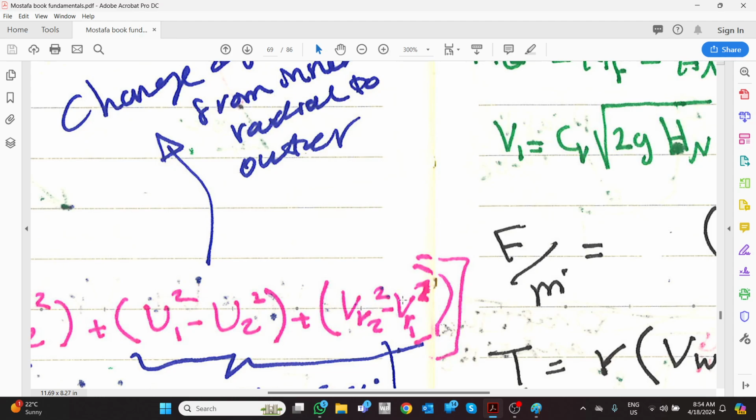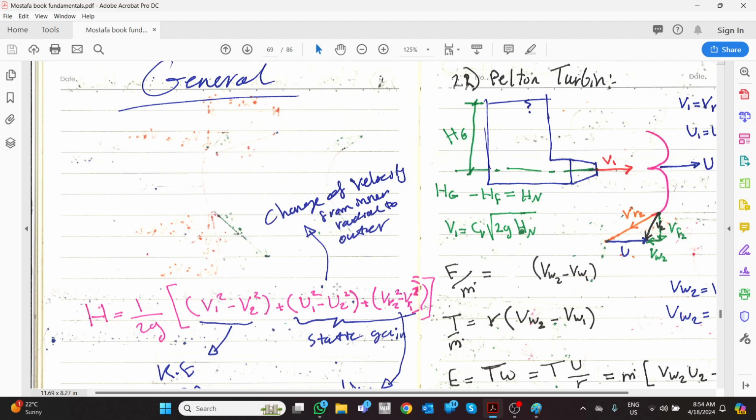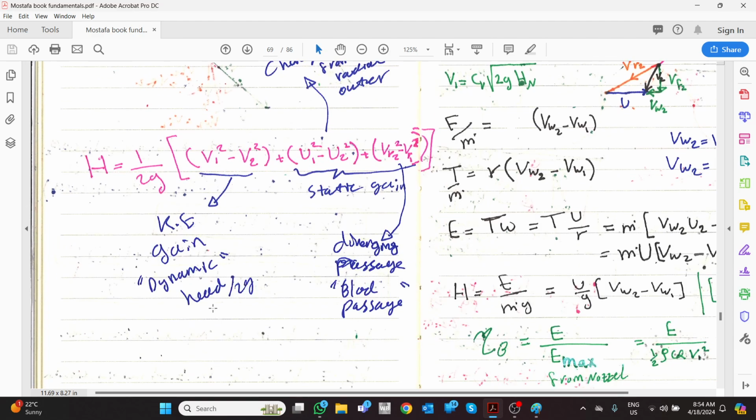Whatever is bigger, this term is minus or plus, but it becomes like this. So this is a general equation, where we take the full from the rotor itself, from the dynamic motion, and this one is a static part.